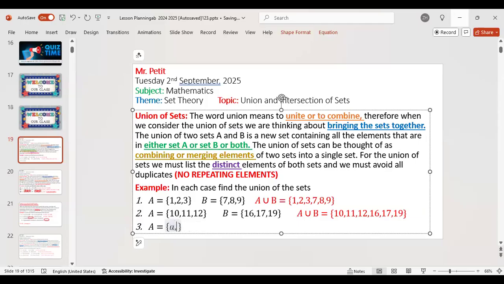So for set A, we have A, B, C, D, E. And for set B, we have C, D, E, G, and I.